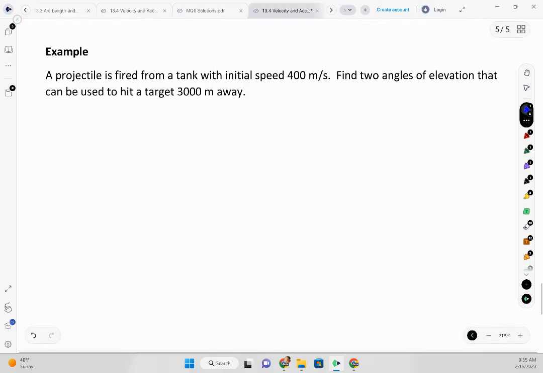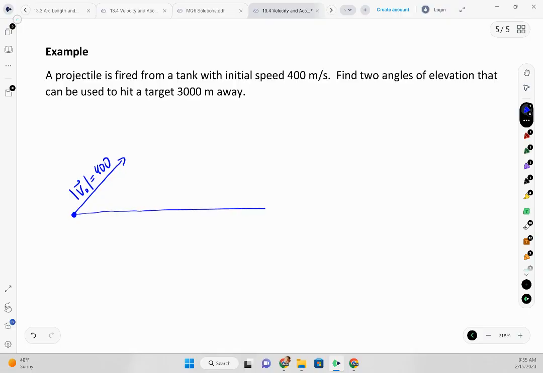So here's what we've got. We've got a projectile that gets shot off with an initial speed, so the magnitude is equal to 400 meters per second. Here's the ground.